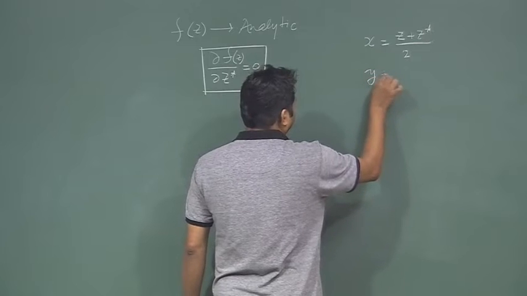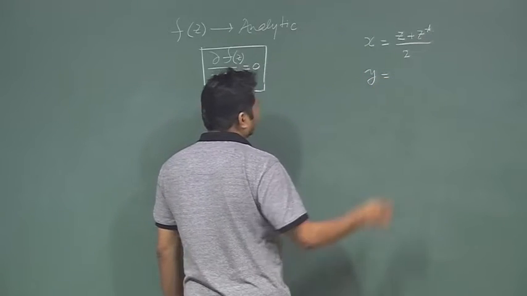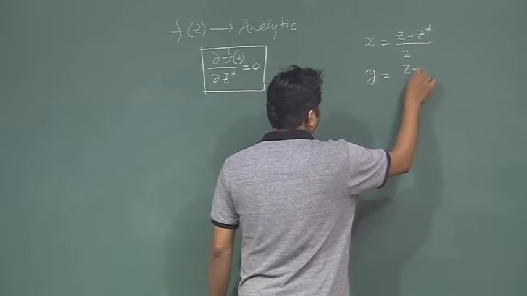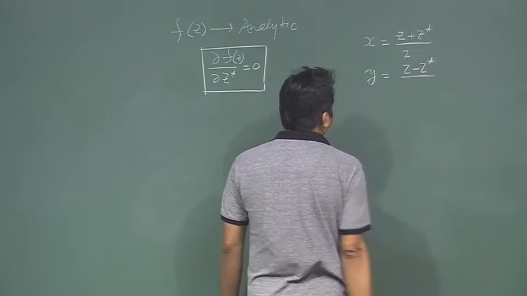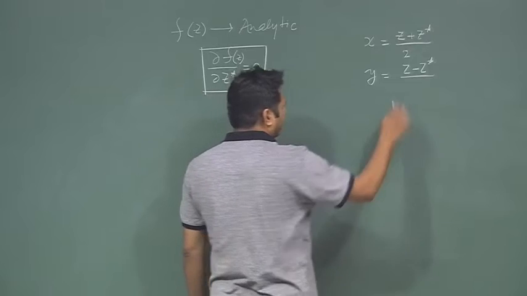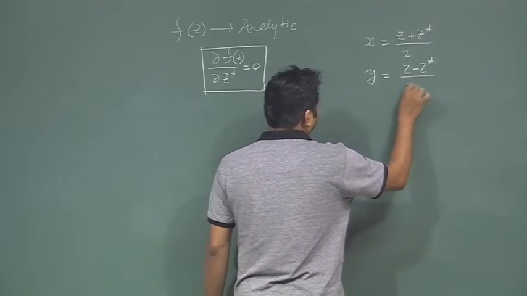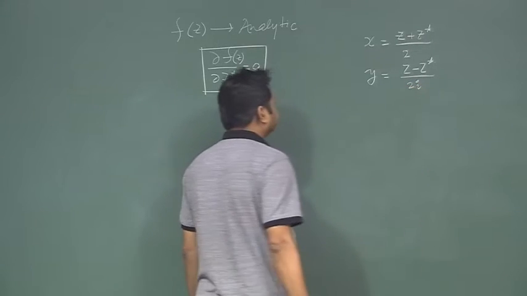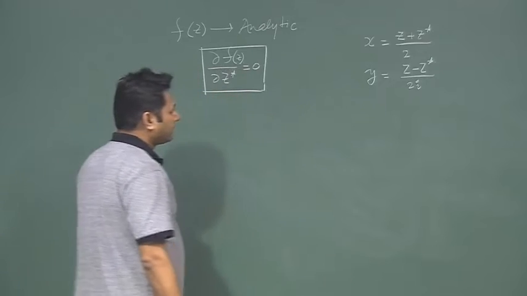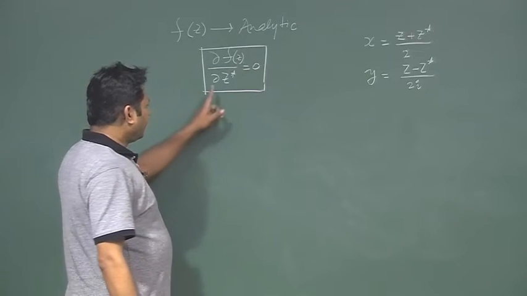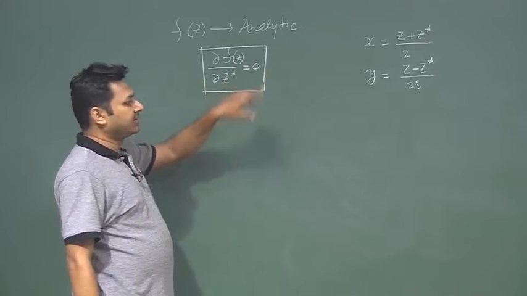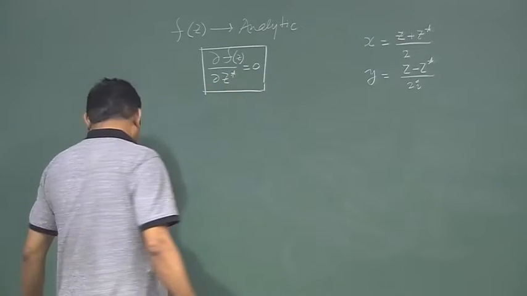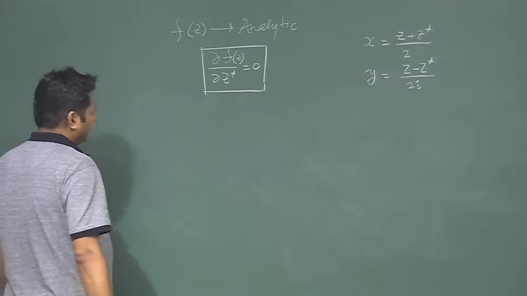Also, I can write my y in this way, z minus z star, divided by 2i. Okay. So, now I would like to write these things in terms of x and y and then try to find out what is the meaning of that.